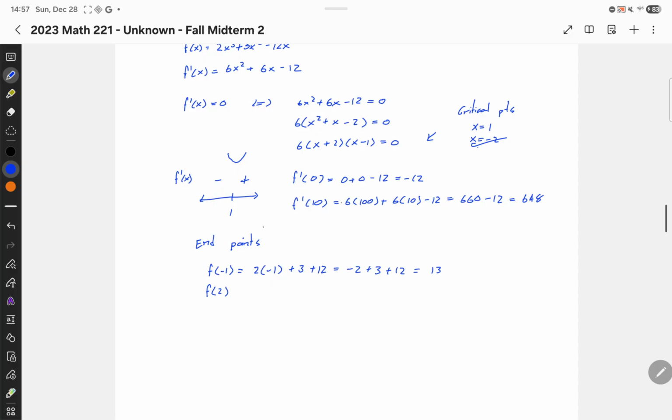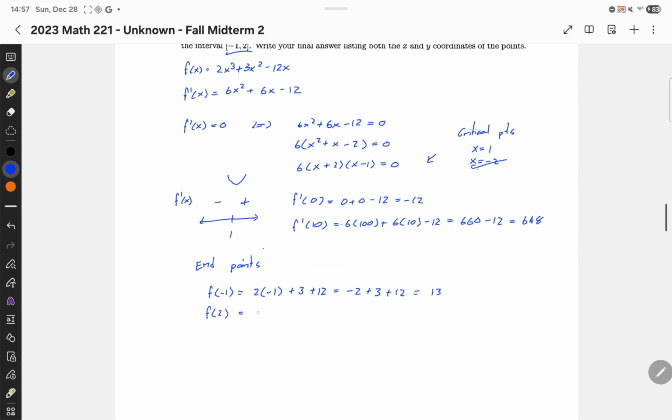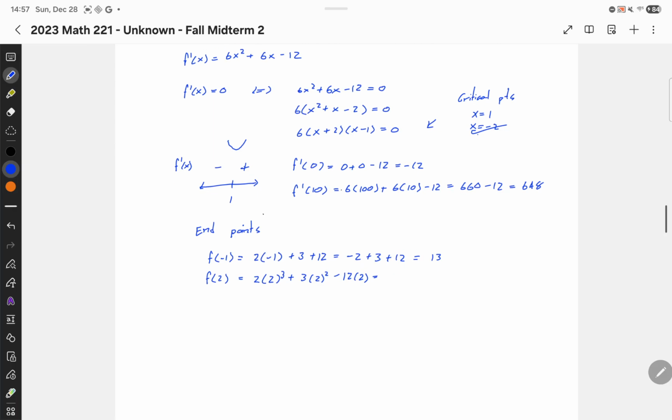And then f of 2, that's going to be equal to 2 times 2 cubed plus 3 times 2 squared minus 12 times 2. This is going to be equal to 2 times 2 cubed, which is 2 to the 4th, which is 16, plus 3 times 4, which is 12, minus 12 times 2, which will be 24, right?